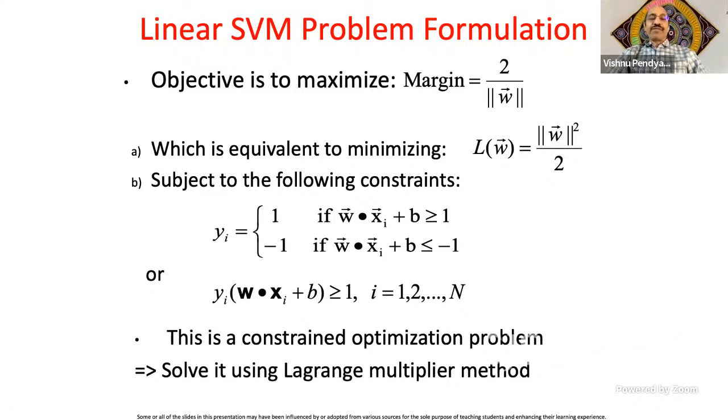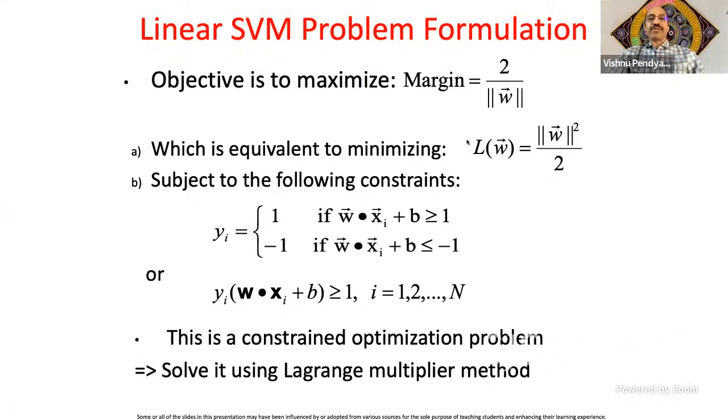To simplify it further, we want to avoid square roots. If you have square roots and all that, the math will be a little more complicated. Fortunately, square root is a monotonically increasing function. So whether we maximize with or without the square root, it's the same, right?